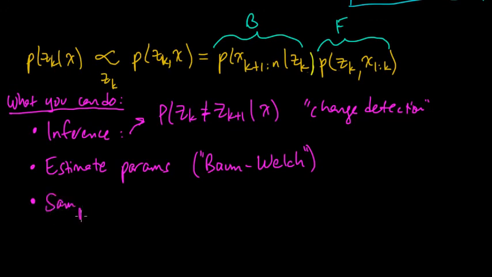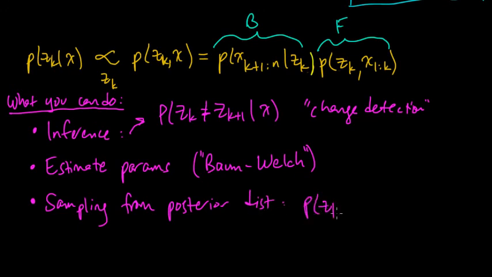Another cool thing you can do after you've completed the forward-backward algorithm is sample from the posterior distribution on the z's given the x's.